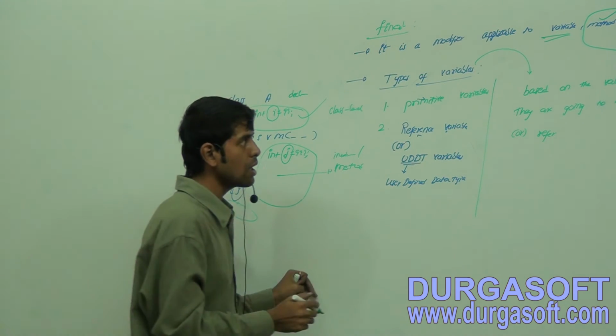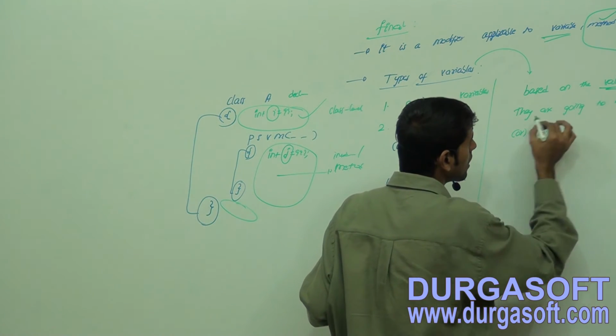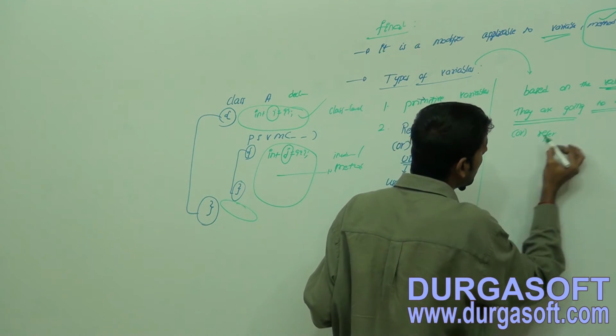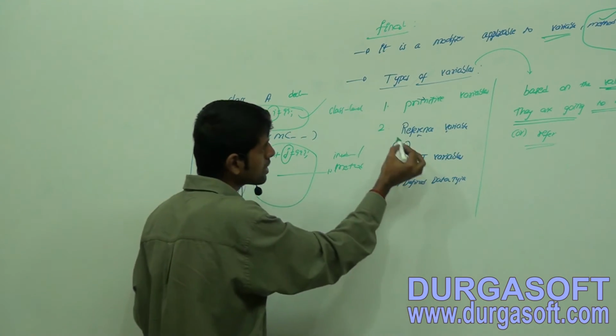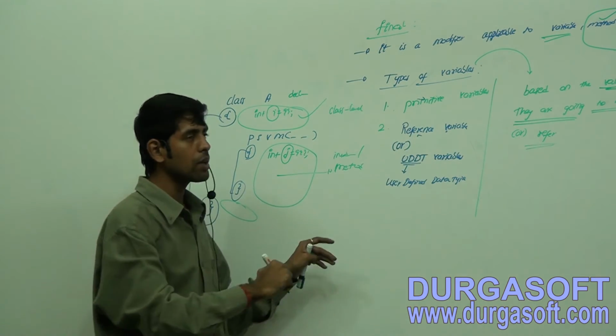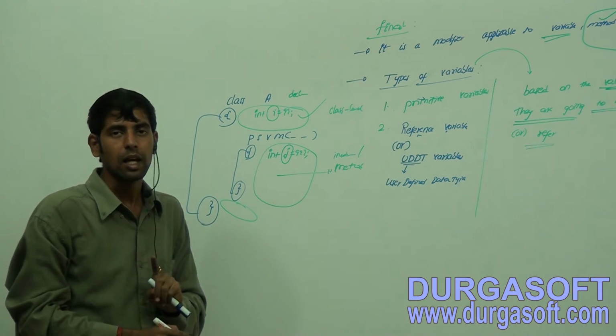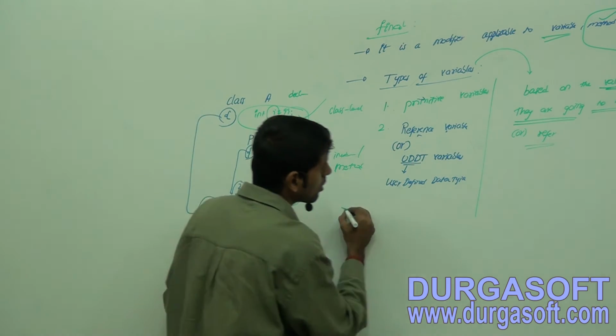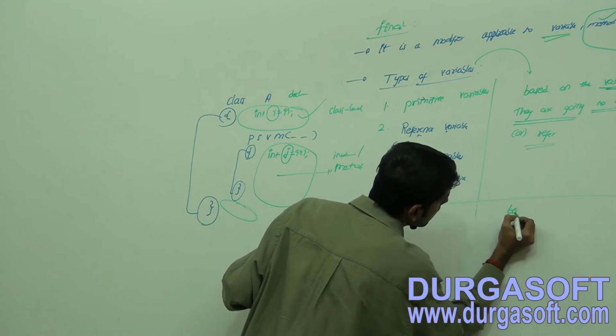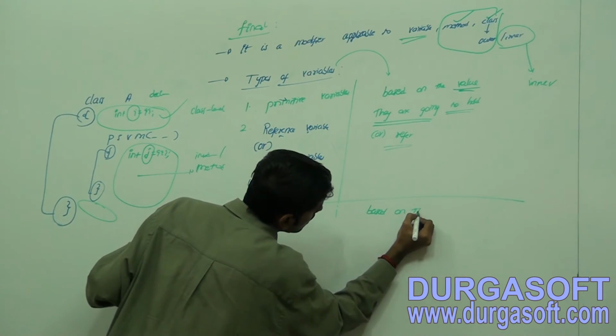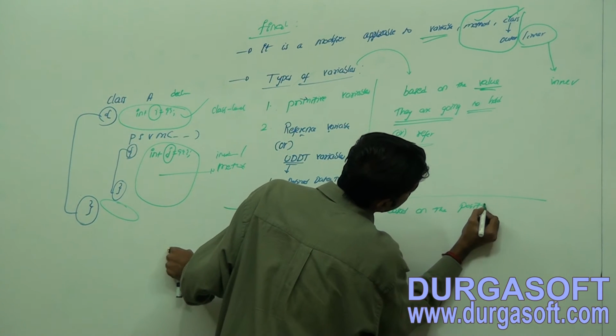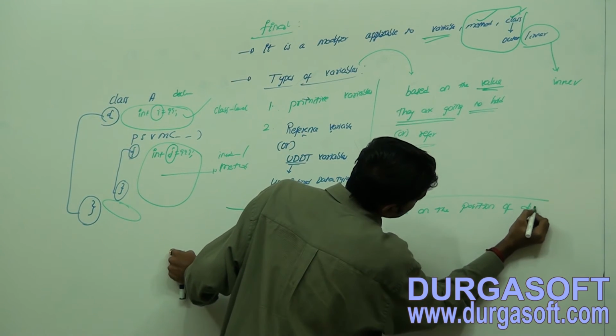Based on the values they hold or refer, variables are categorized into two types: primitive and reference.